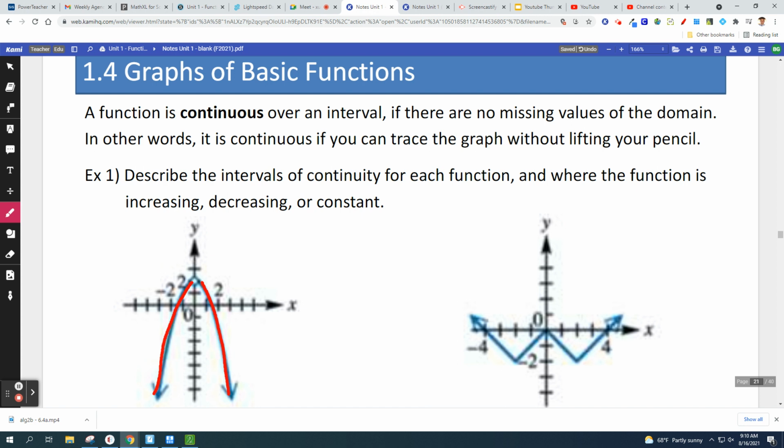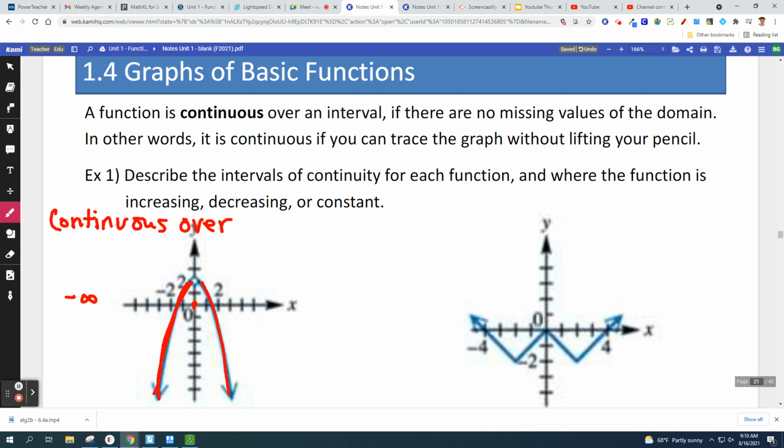So describe the intervals of continuity. Well, if you think about it, this is continuous over, and then, the domain starts at negative infinity, and I traced until I got to 0. Remember, I'm looking at the x numbers. I'm not looking at the y number. I'm looking at the x number.